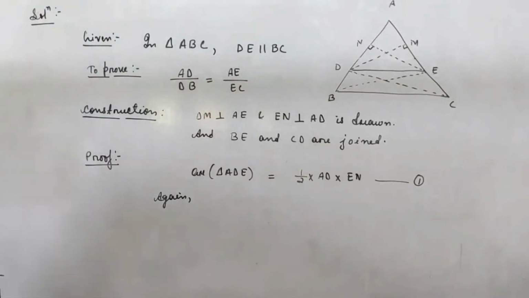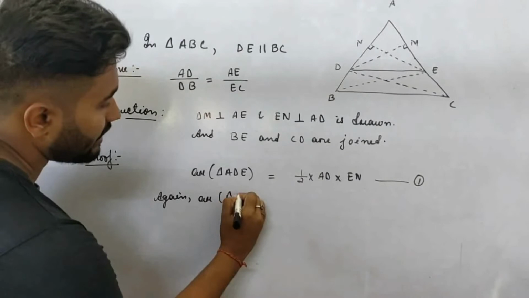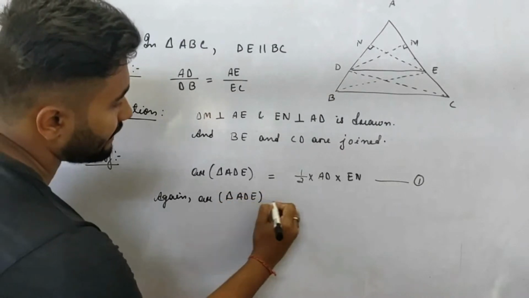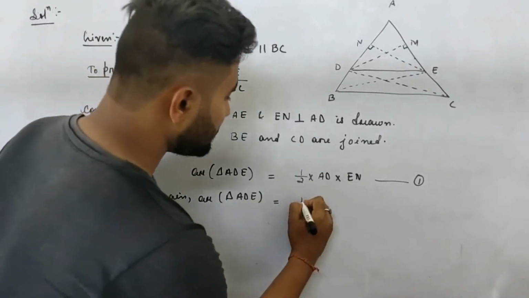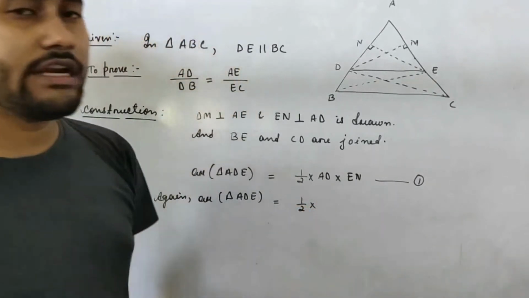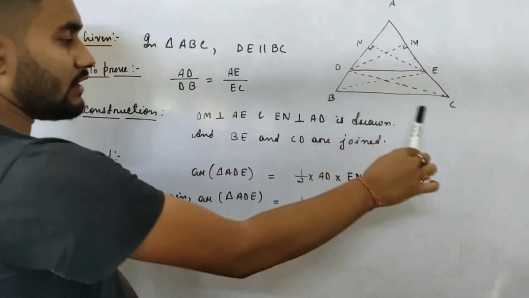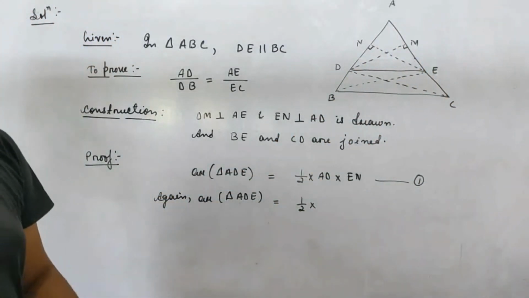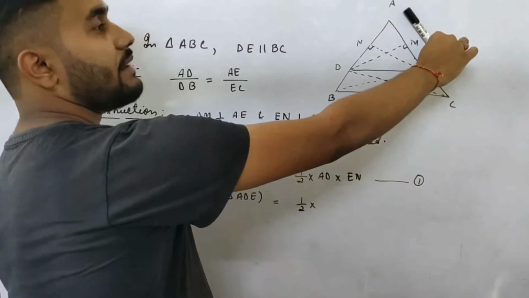Again I will write area of triangle ADE equal to half into base into height, but this time I will consider a different base. In this same triangle ADE, this time I will consider my base as AE.